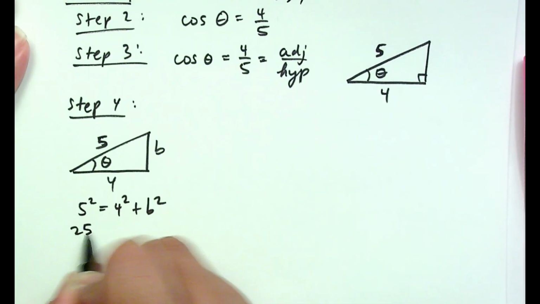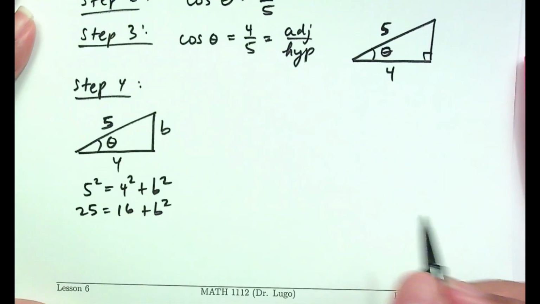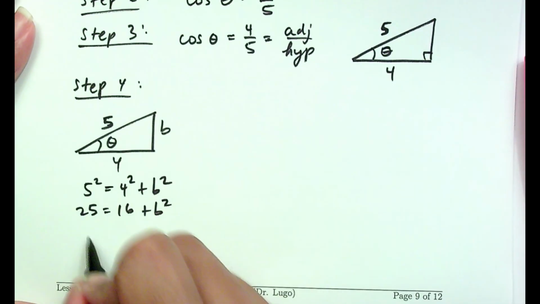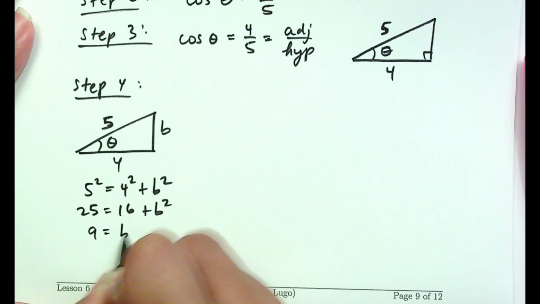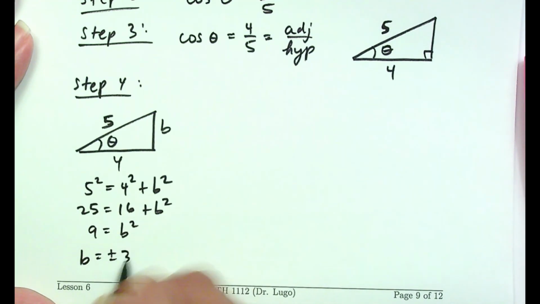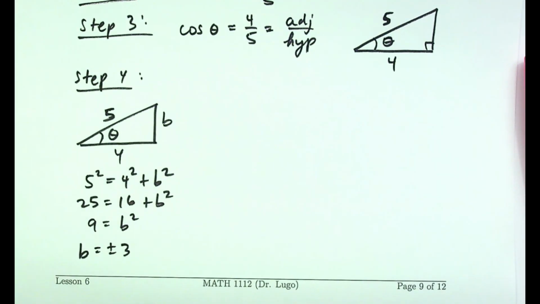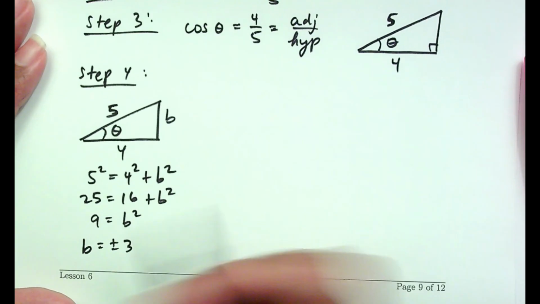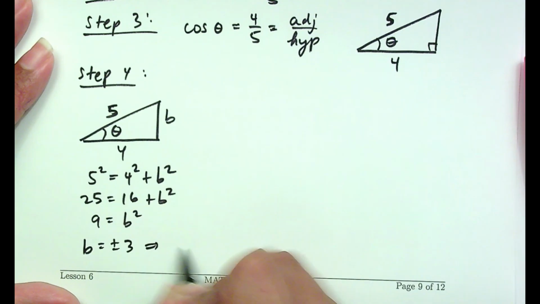Simplifying, this is 25 equals 16 plus B squared. Subtracting 16, you're going to get 9 equals B squared. And taking square root on both sides, you get that B equals plus or minus 3. Remember that from college algebra, whenever you take square root on both sides, you have to go plus or minus. That's the rule. Now, of course, a negative answer doesn't make any sense, so we have to say that B equals 3.